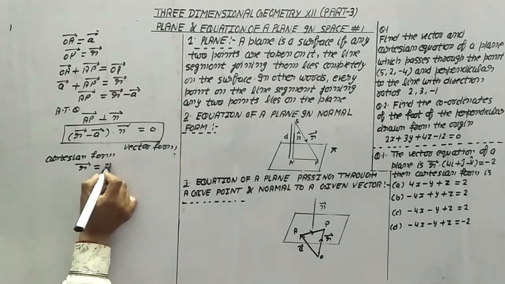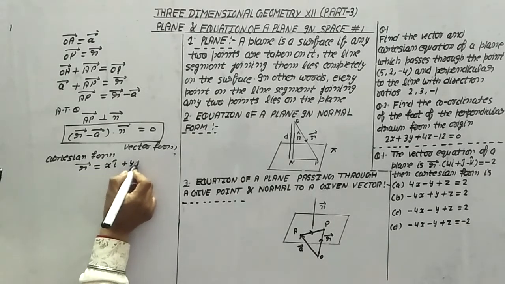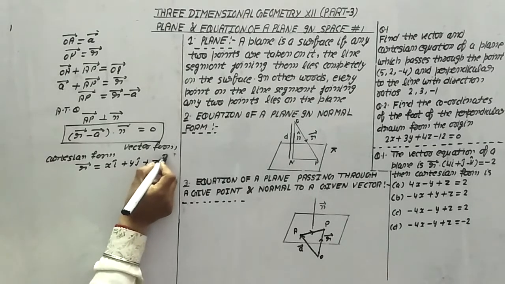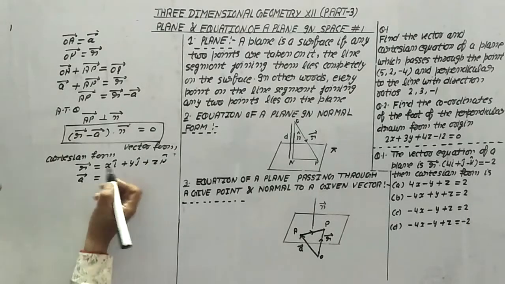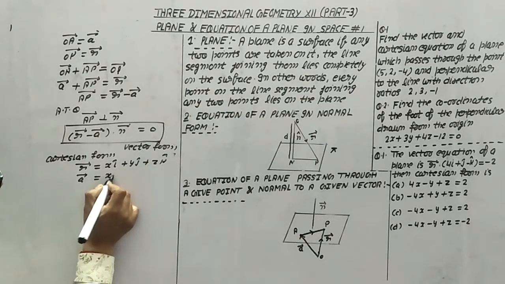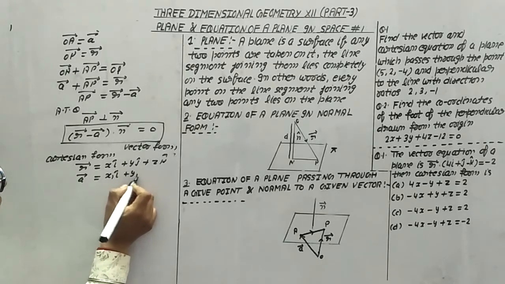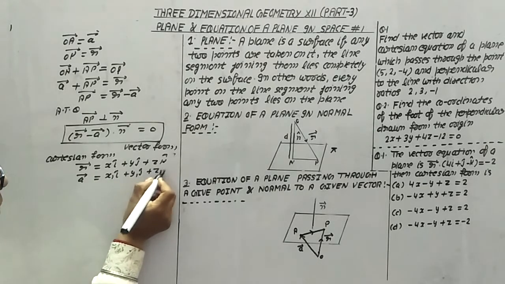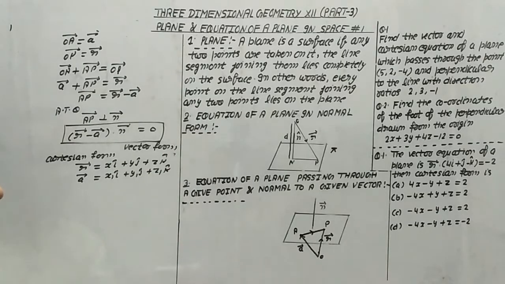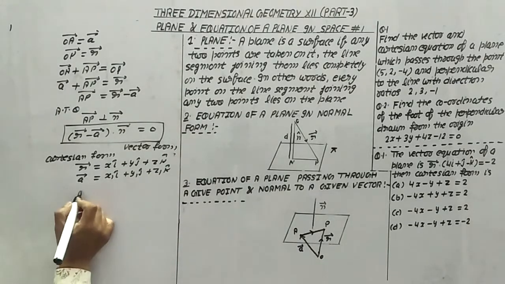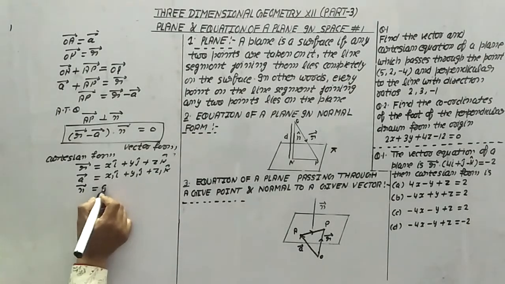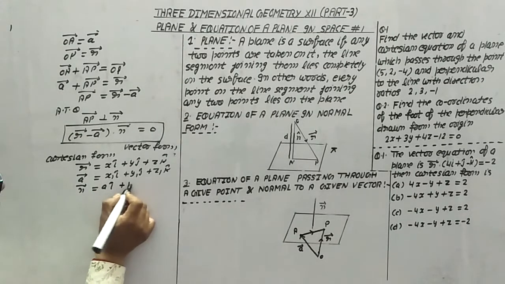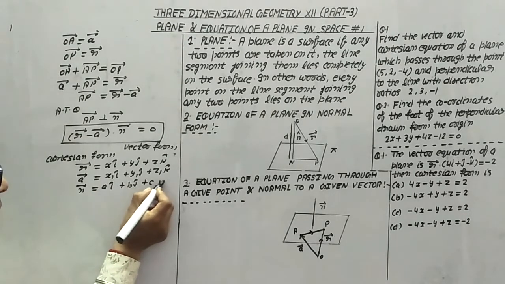Let vector r be equal to xi plus yj plus zk. Let us consider vector a to be x1i plus y1j plus z1k, because this point is lying on the plane, and n is perpendicular. Let us suppose this is ai plus bj plus ck.